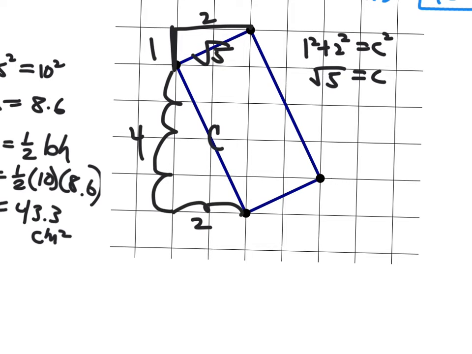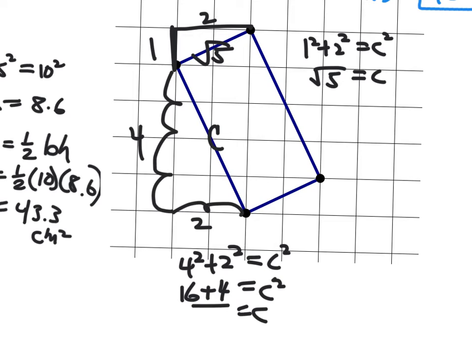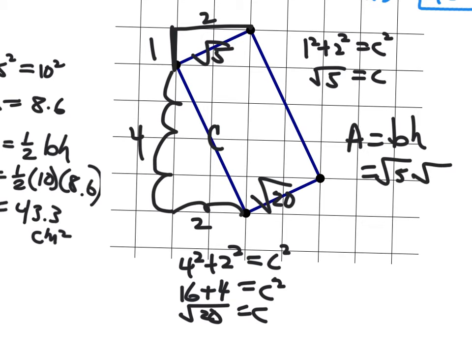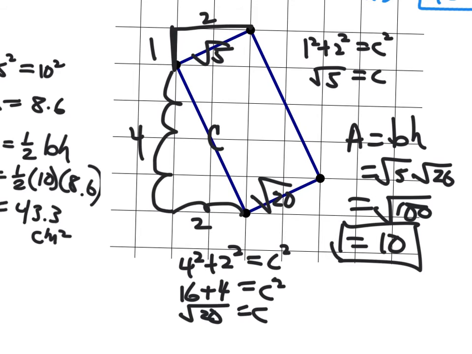So Pythagorean theorem, we'll have 4 squared plus 2 squared is c squared, so 16 plus 4 is c squared. So c is the square root of 20. So our area of the rectangle is base times height. Square root of 5 times the square root of 20 is going to be the square root of 100, which is equal to 10. So our area is 10.